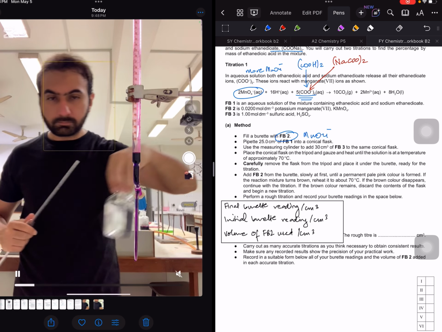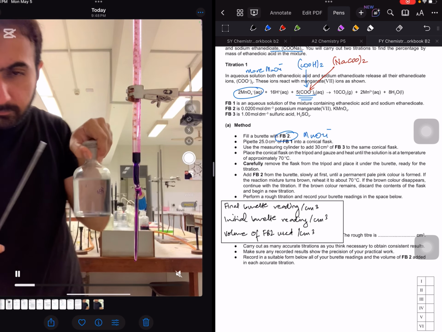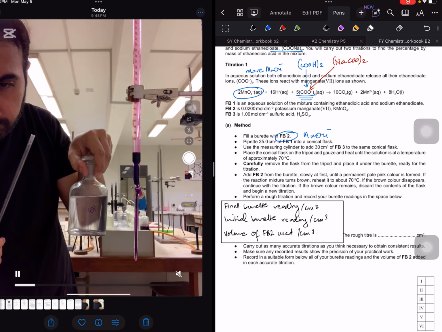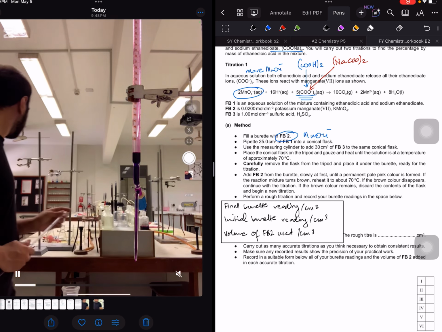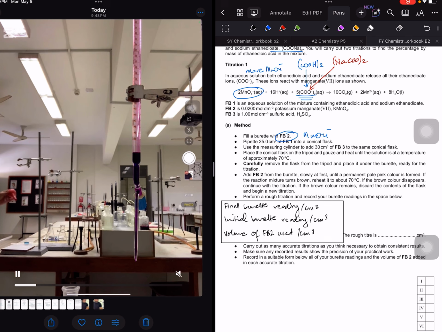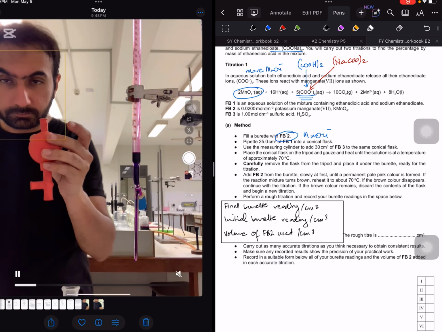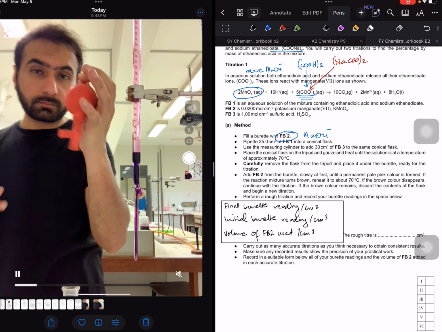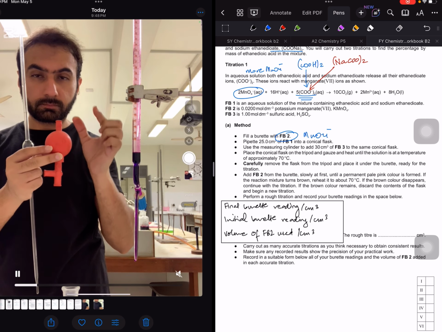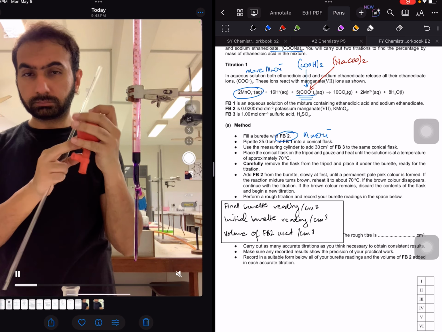Moving on. So now I'm going to be taking the mixture which has ethanoic acid and ethane dioate ions both, and I will be taking out a mixture using the pipette filler. So you know how to use the pipette filler. We have done that already. It's nothing new for us.